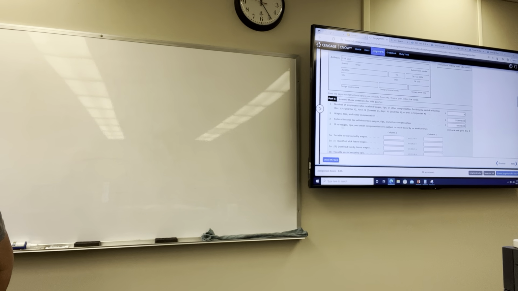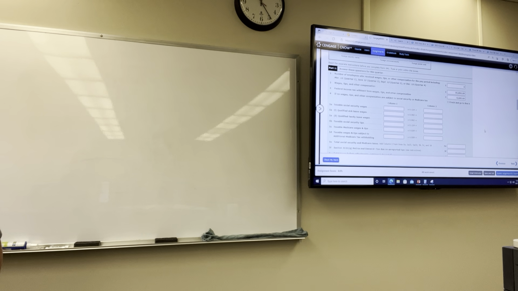All right, we don't need to check box 4, right? Because we did have wages that were subject to Social Security, Medicare tax. So what was the amount of our taxable Social Security wages? All of it? Same as line 2, in this case. Not always gonna be the case, but in this example it is. All right.